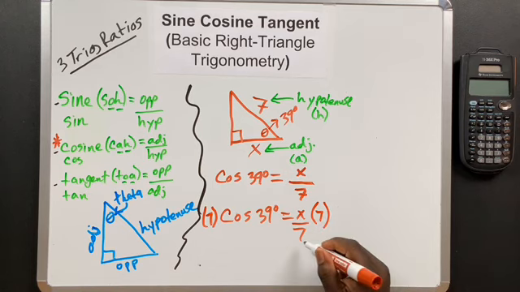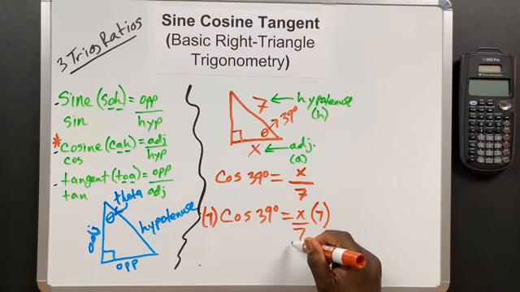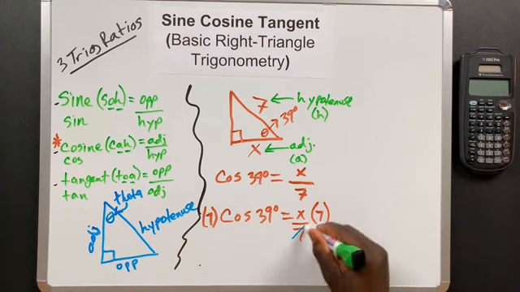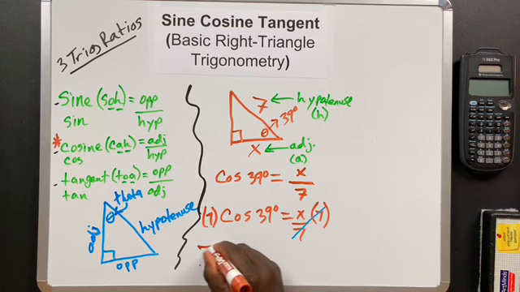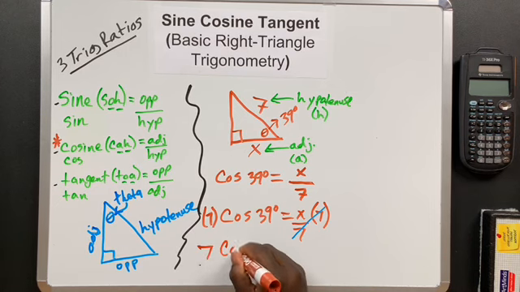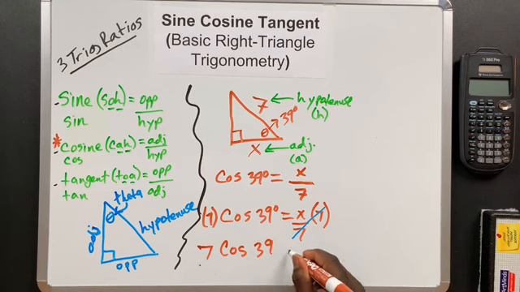All right, notice, when I multiply the right side by 7, the 7's cross out. So I'll just do that to let you know that 7 divided by 7 is 1. So when we write this again, we end up with 7 times the cosine of 39 degrees equals x.